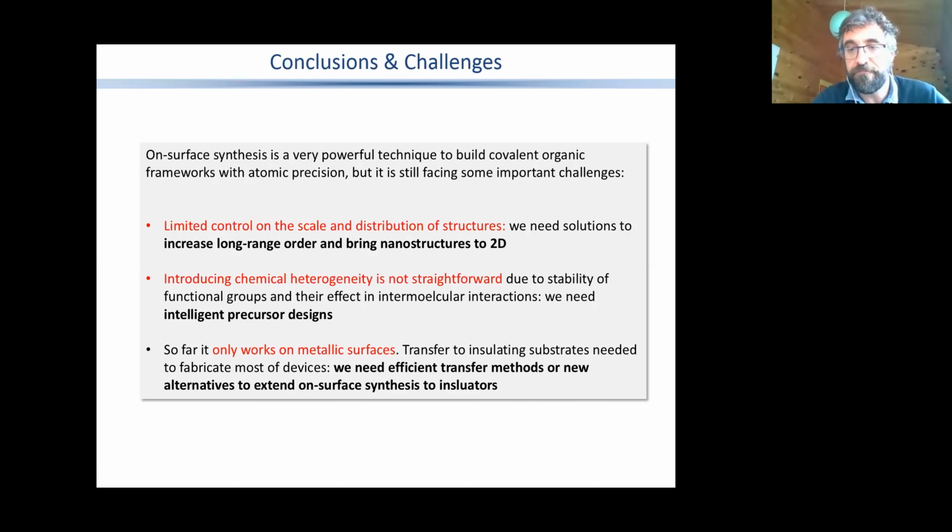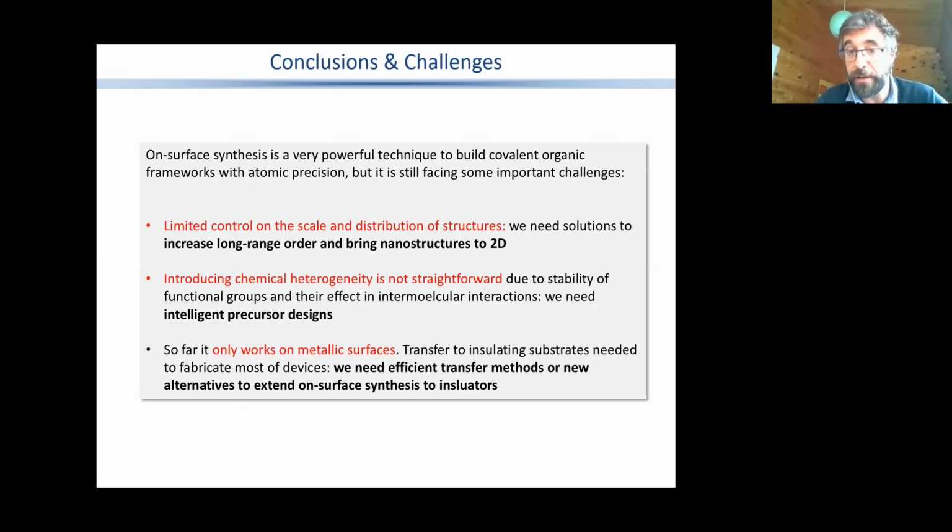This technique or method only works on metallic surfaces so far, okay? And not on any metallic surfaces, as I showed you. That means that if we want to make most of the devices that we want to make, they have to be on different substrates, many of them insulating substrates, to gate, for instance. So we have to transfer.